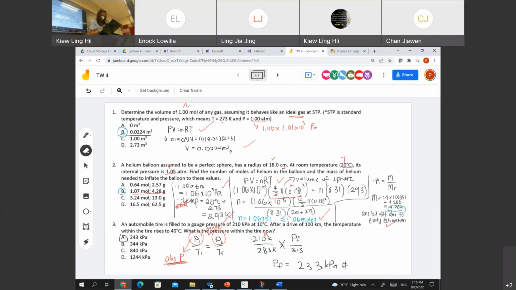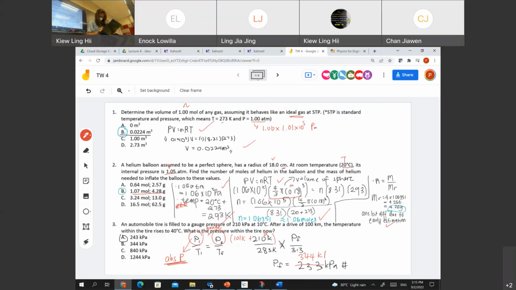So 210 plus atmospheric pressure 101.3 kilopascal. Then your P final is around 344 kilopascal.